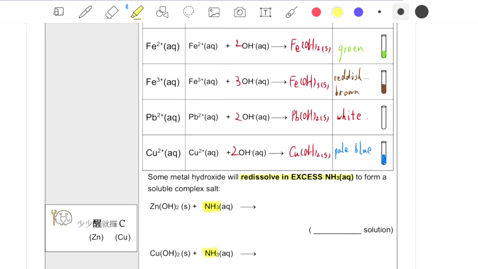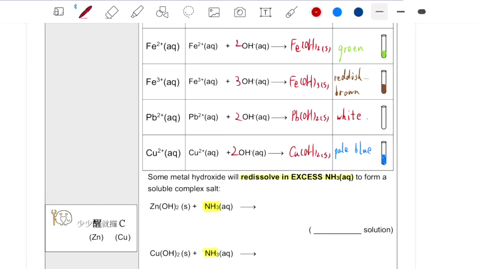The concentration, a term that we're going to learn later on, is low, so it is not able to form the complex ion. So it will be the ammonia molecule which combines with the precipitate to form the soluble complex ion.